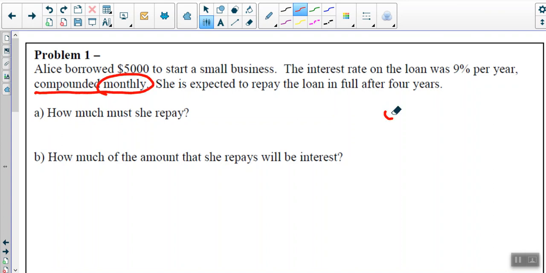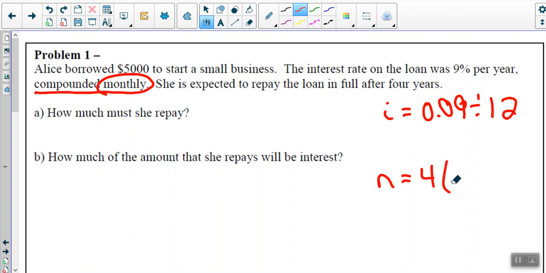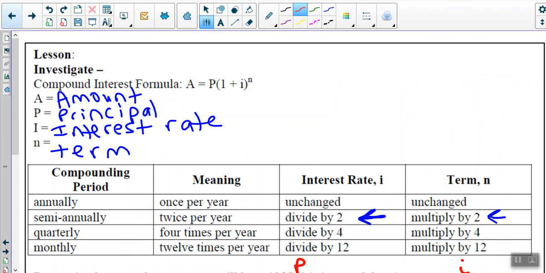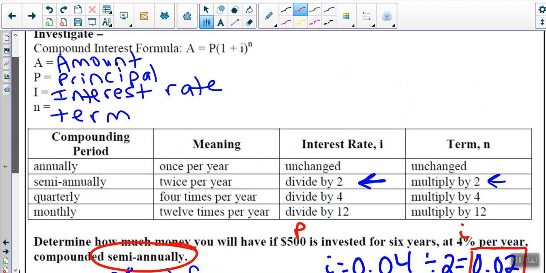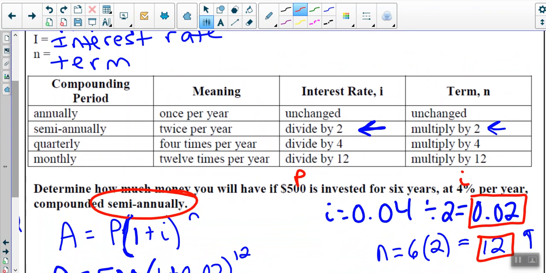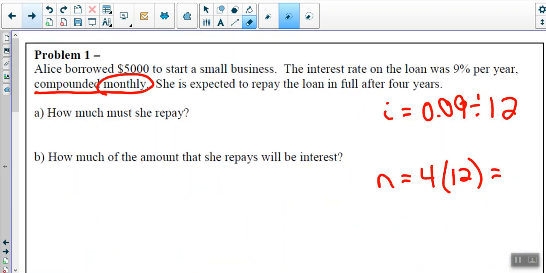So we will need to take our interest rate of 9% and divide that by 12. And we'll have to take our term, which is 4 years, and multiply that by 12. Again, check this chart. Monthly here in the bottom column is divide by 12 for the interest rate and multiply by 12 for your term.